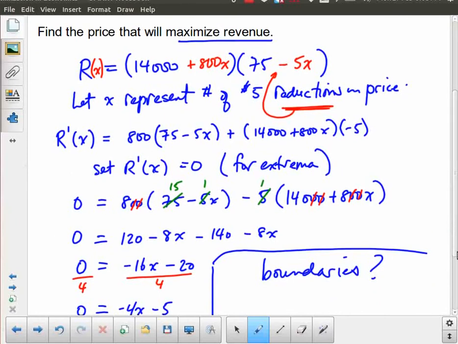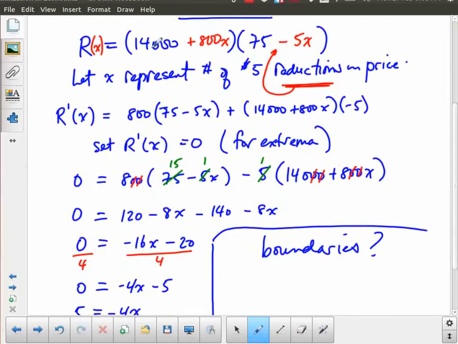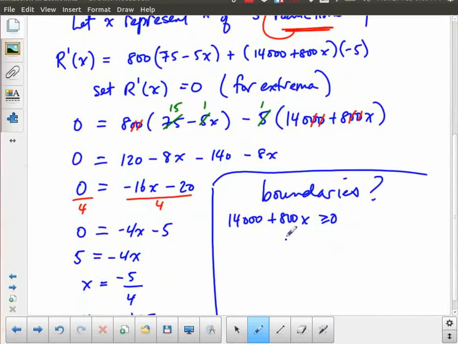We know that the number of people that are going to be in the arena, well, we need to have someone in the arena, otherwise we don't have a game, or at least we don't have any money coming in. So we know that 14,000 plus 800x has to be greater than or equal to 0. And so from there, I end up with 800x has to be greater than or equal to negative 14,000.